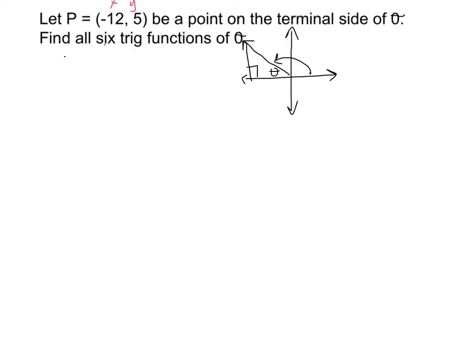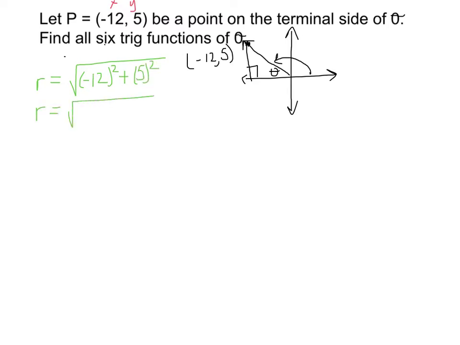So my x, or this point here, is negative 12. So we have x and y, we're missing r. So we use that formula, negative 12 squared plus 5 squared.